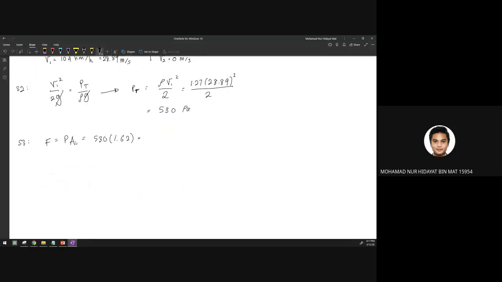Once you substitute the value, it is not necessary to put the unit. Once you get the final answer, then you add the unit. So what's the, okay, 585.6, alright, Newton. Right, so that is the final answer.